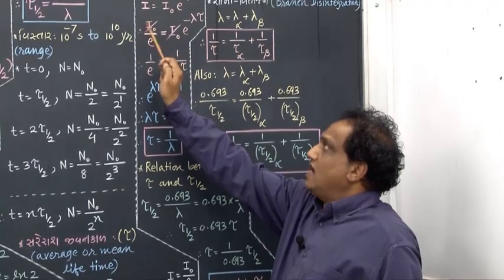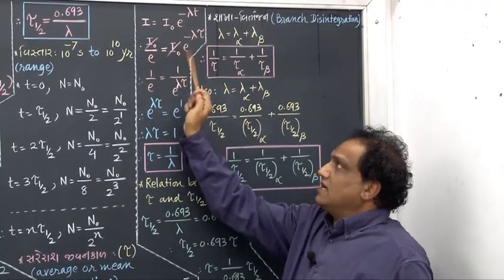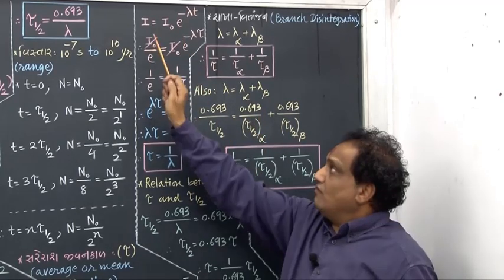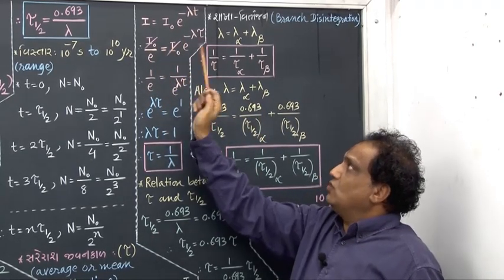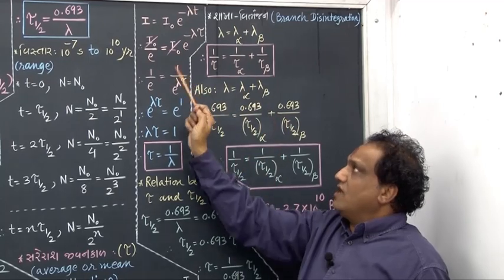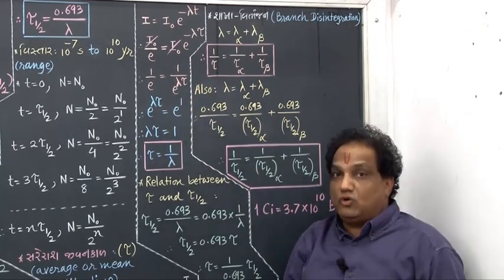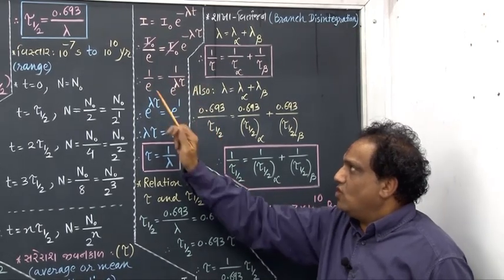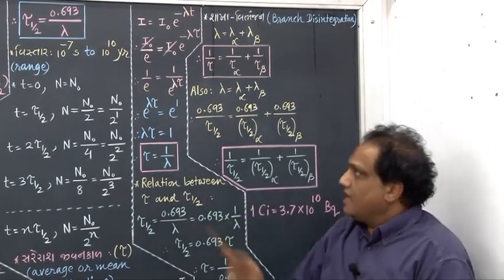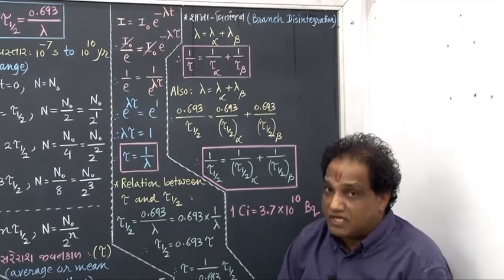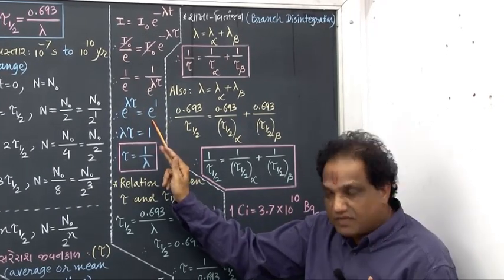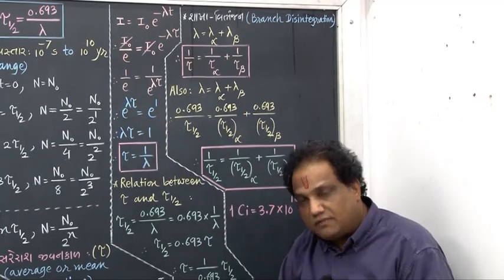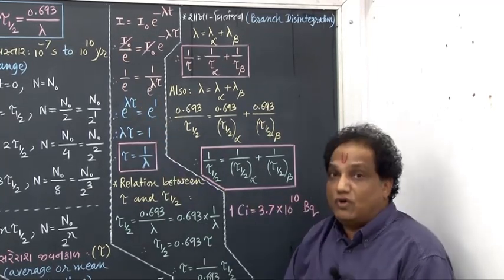I0 will get cancelled. 1 upon e equals 1 upon e raised to plus lambda into tau. Now take cross multiplication. e raised to lambda into tau will be equal to e, and since the bases are the same, the powers should be equal. So lambda into tau should be equal to 1.